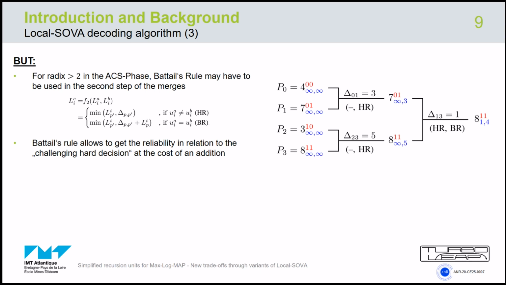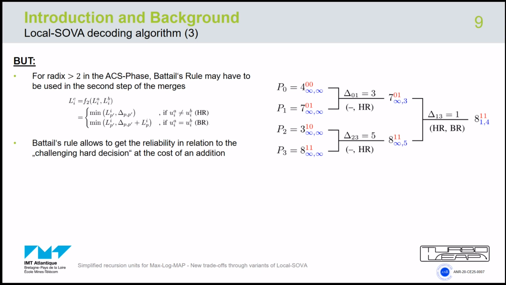In the first merges of P0, P1 and P2, P3 respectively, the Hagenauer's rule can be used for updating the extrinsic candidate values for the second hard decisions, which are different, while the Bataille's rule for the first bits, which are equal, can be avoided since the extrinsic candidates are all infinity.